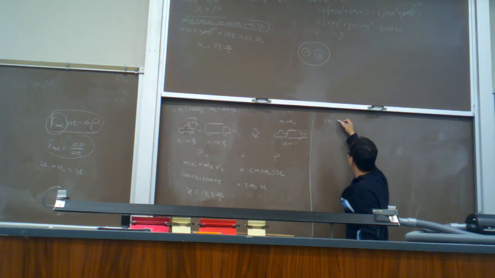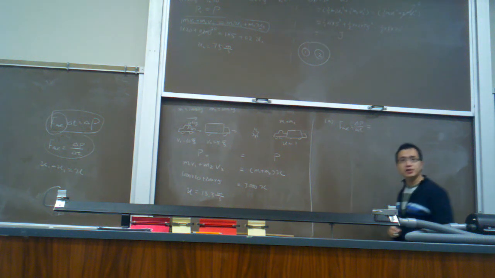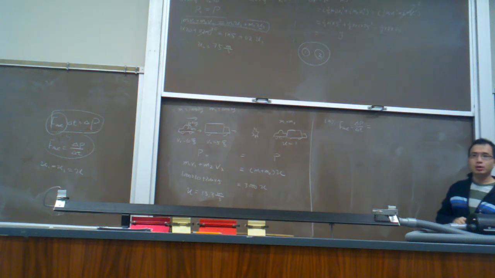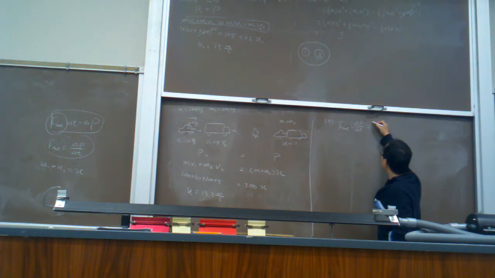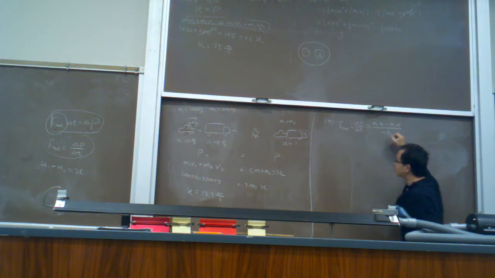For the car, F average equals delta P over delta T. So delta P is the final momentum subtracted by the initial momentum. So it should be M1 U minus M1 V1 divided by delta T, right?